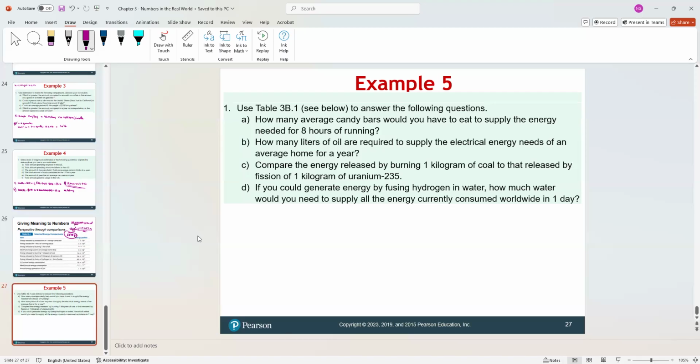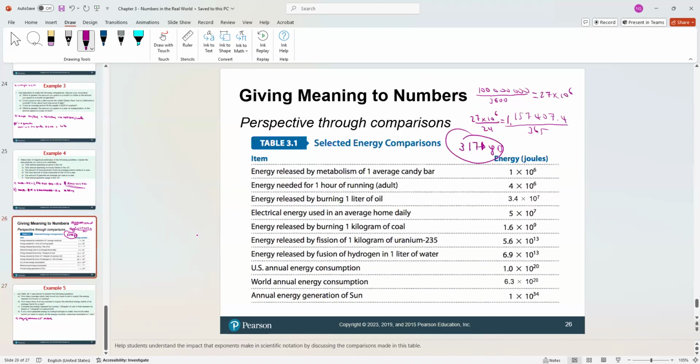So you see in this one what they ask you to do, C. 1 kilogram of uranium 235, released. We can go back down here. 1 kilogram of uranium, so we are right there.